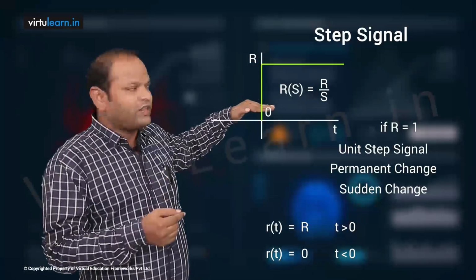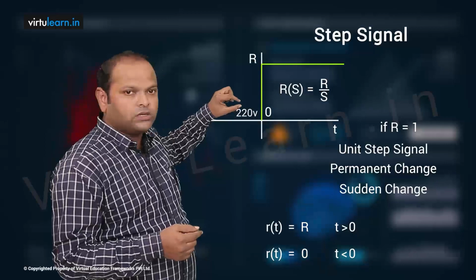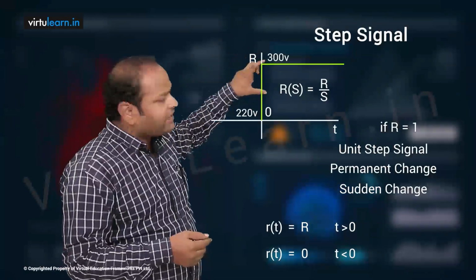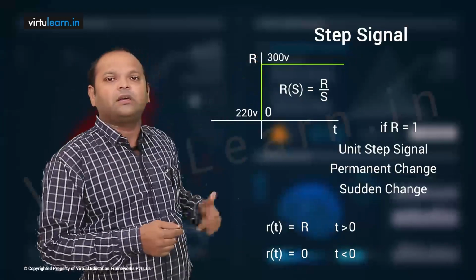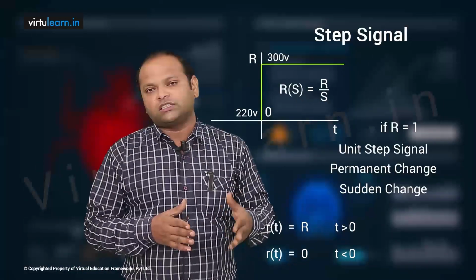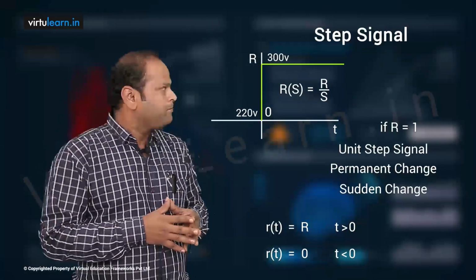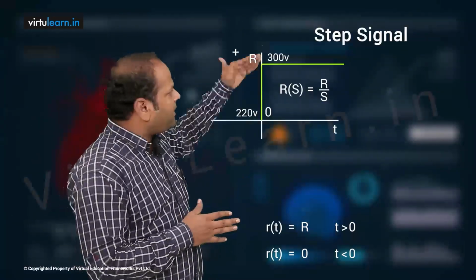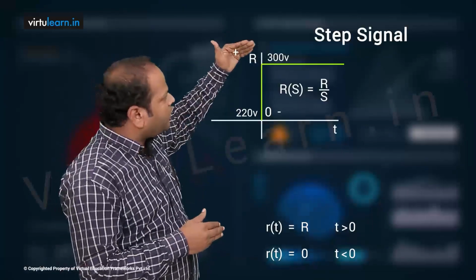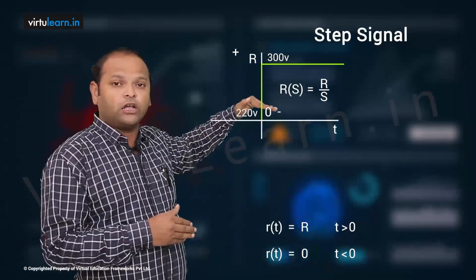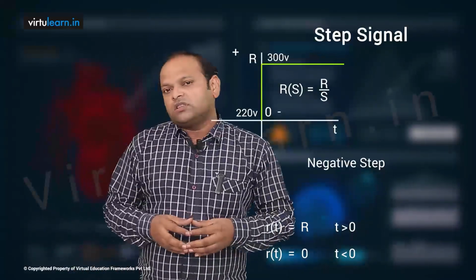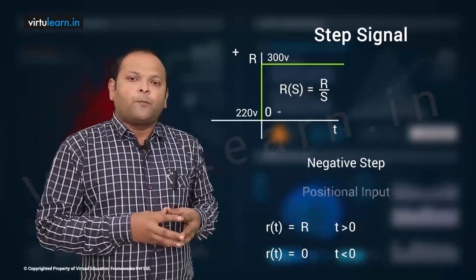In the example I just gave, this can be 220 volts and this can be 300 volts. The difference between 300 and 220 will be the capital R, the magnitude of your step signal. The step can be positive, or it can be negative, meaning from 300 it can come down to 220, which is called a negative step. This step is also called the positional input.